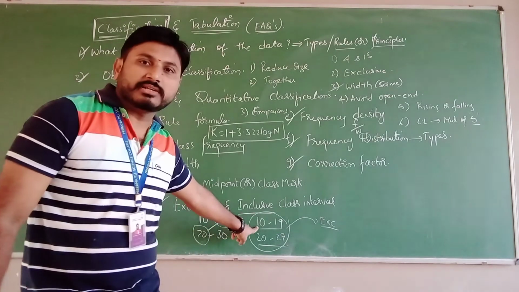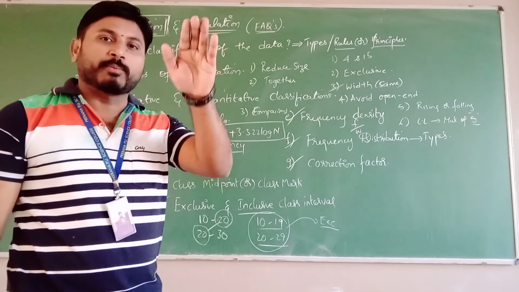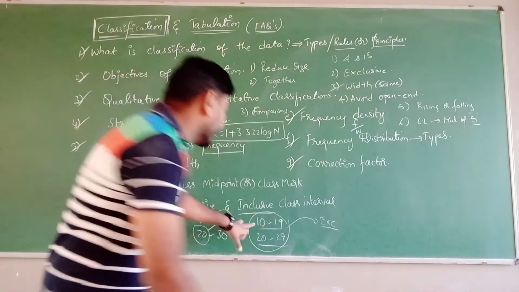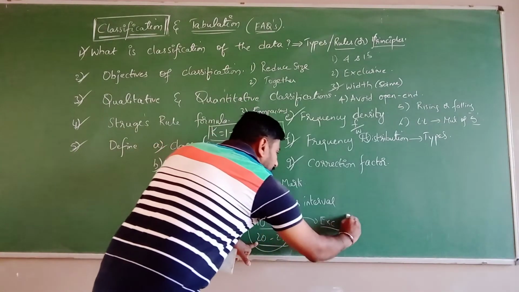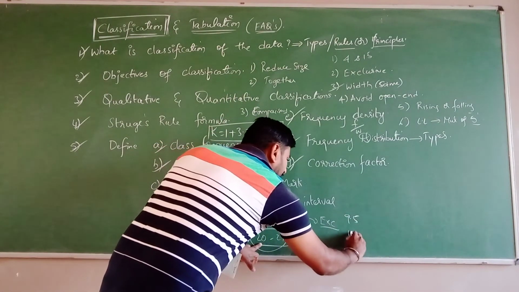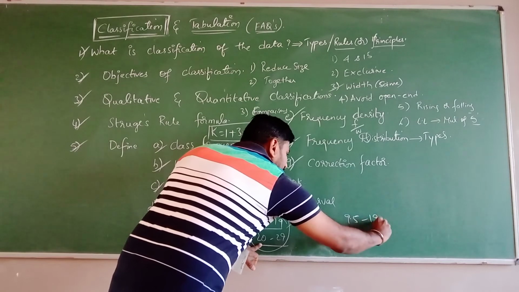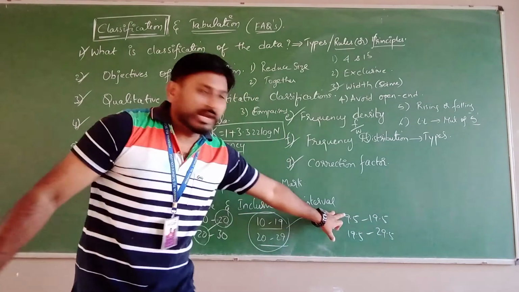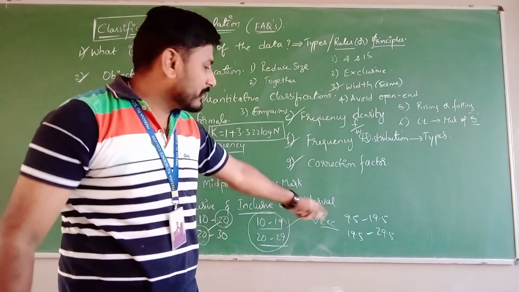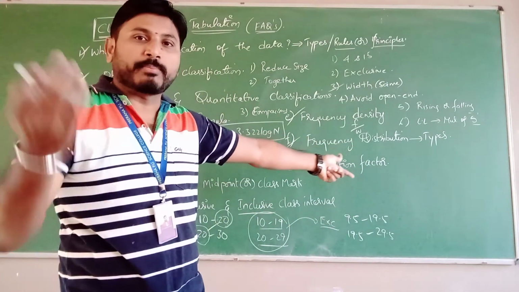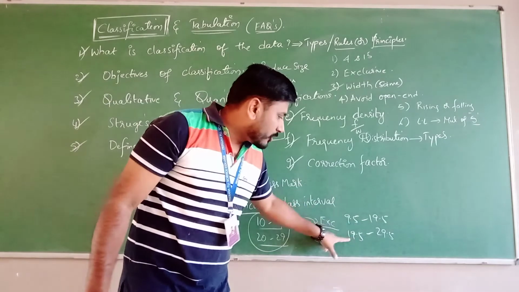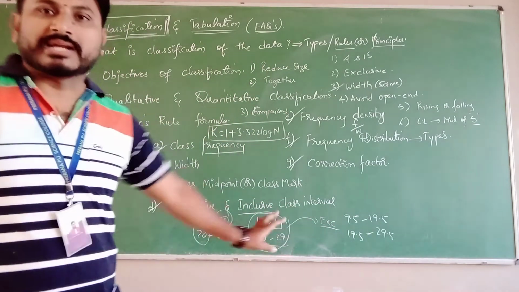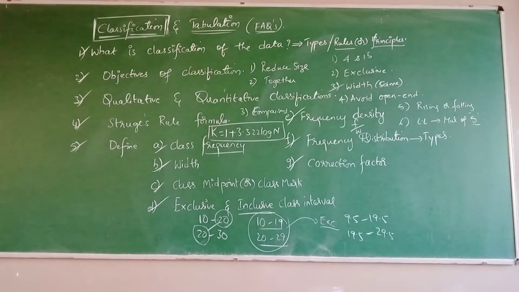In this, the lower limits will be reduced by 0.5 and the upper limits will be increased by 0.5. For example, 10 to 19, 20 to 29. Look, lower limits are decreased by 0.5 and upper limits are increased by 0.5. Now an exclusive type of class interval has come. That is the meaning of correction factor.